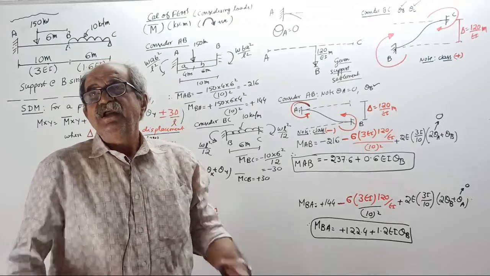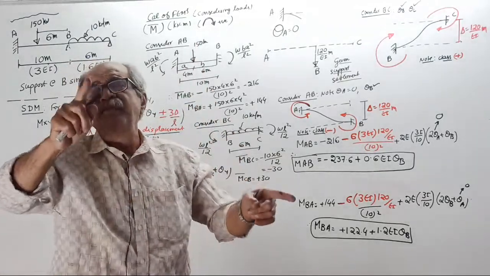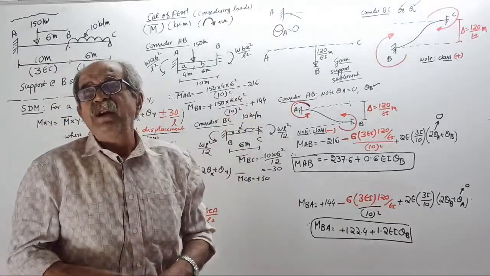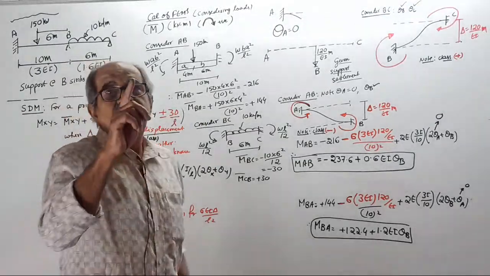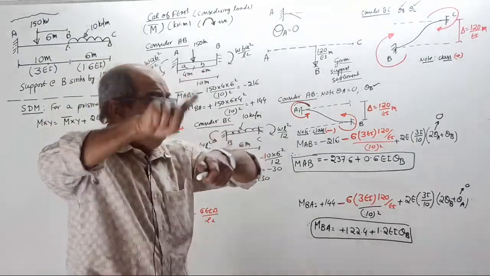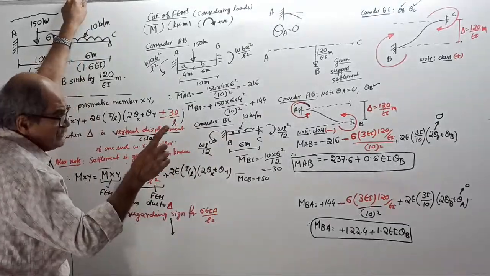Then draw the elastic curve and mark the FEMs at both ends. Remember, whatever support is given, treat it as fixed only. Then, if the FEMs are clockwise, use plus sign.